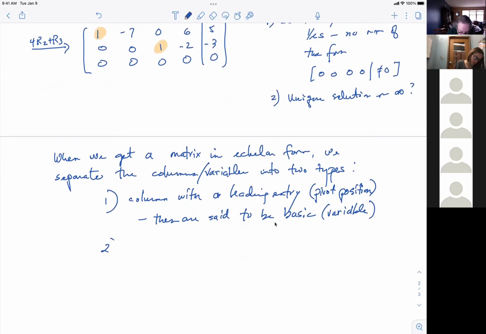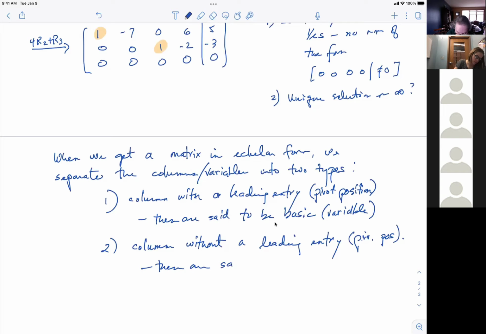The other type is columns without a leading entry or pivot position. These are said to be free. And again, we refer to the variable as free. All right, so we've got basic variables and free variables.